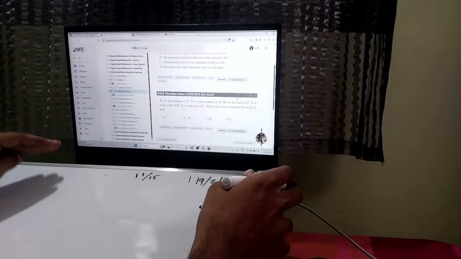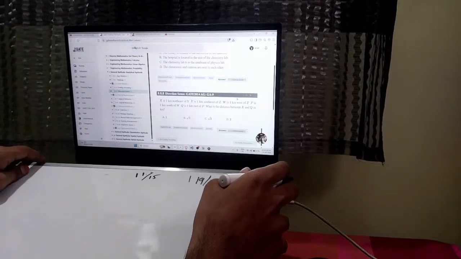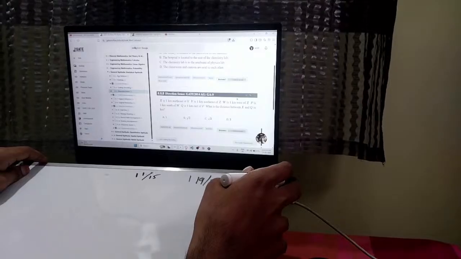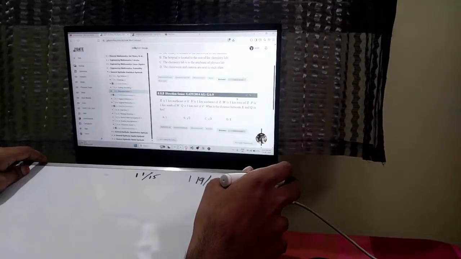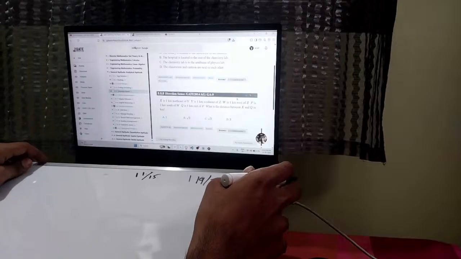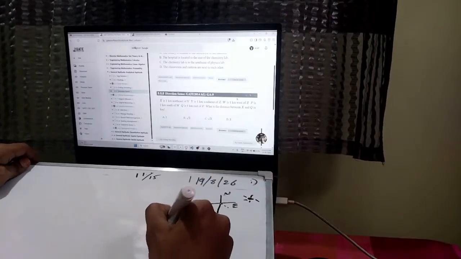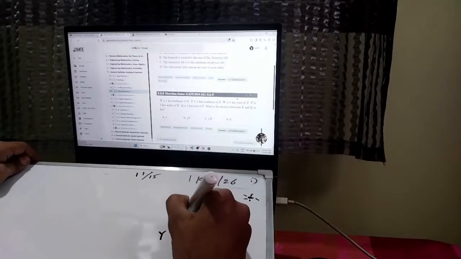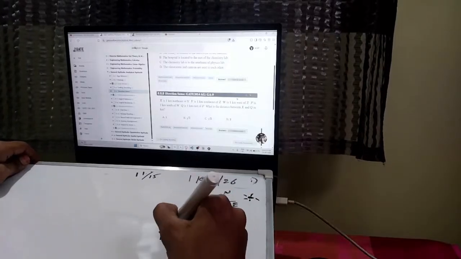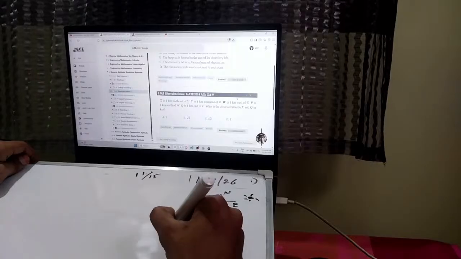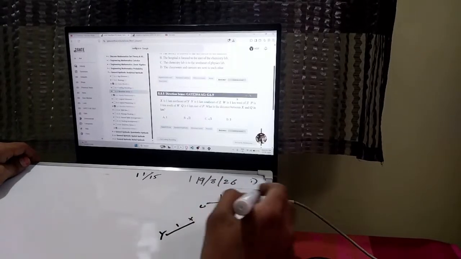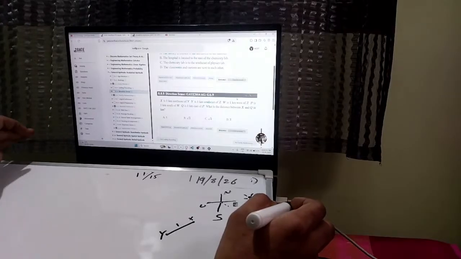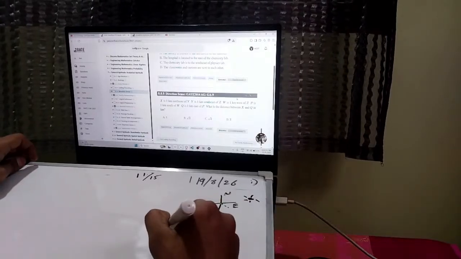So X is 1 kilometer northeast of Y. Suppose here it is Y, then northeast, but here it is X. Okay, 1 kilometer, and Y is 1 kilometer south to Z. But where is Y?